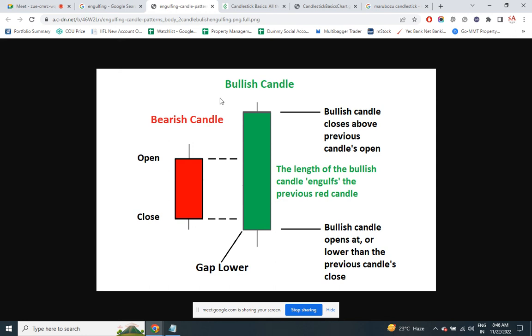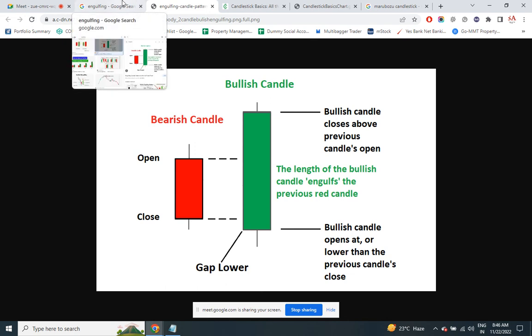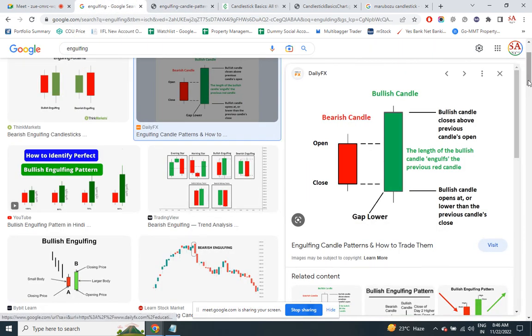Like you have the bullish engulfing, we have the bearish engulfing also. Exactly opposite.